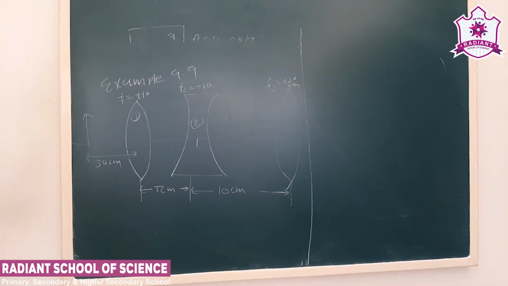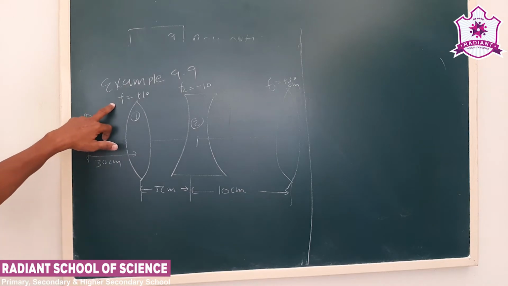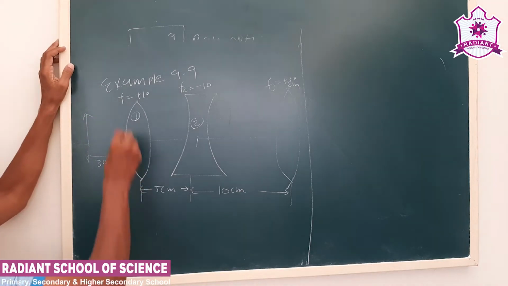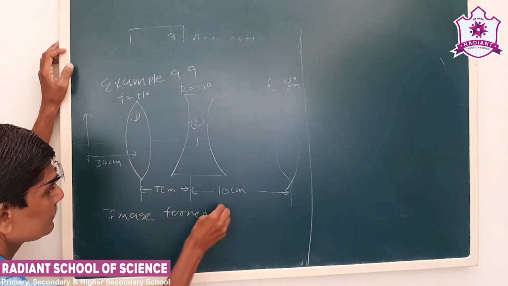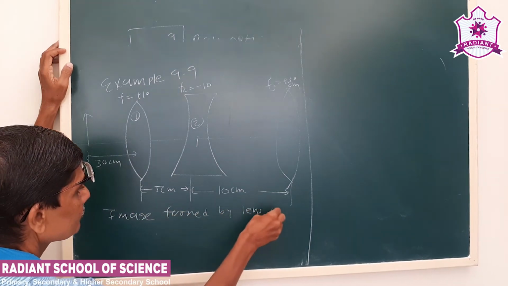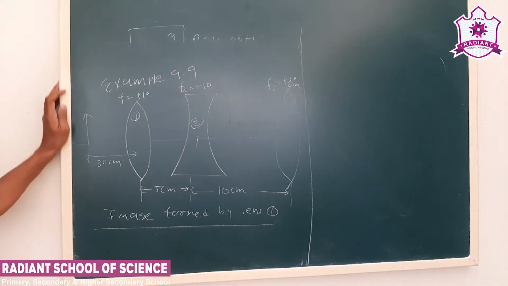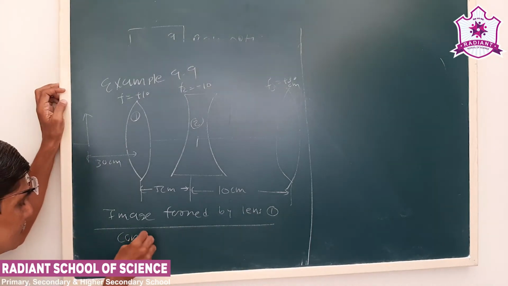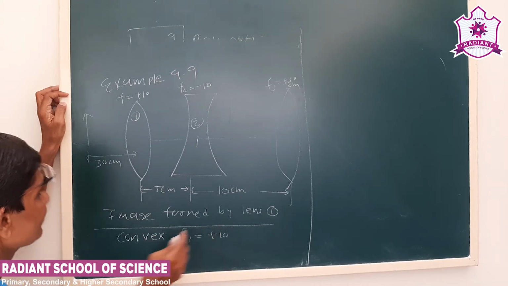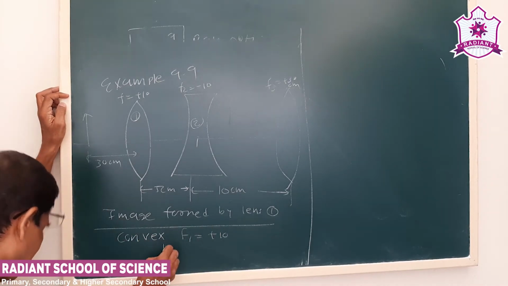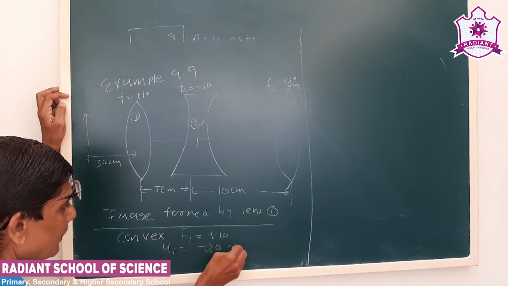Now see here, first we find out the image formed by lens 1. Okay, now lens 1 is a convex lens. Convex lens focal length is positive, f1 is plus 10. So the object is kept at 30 centimeter, u1 is minus 30 centimeter.